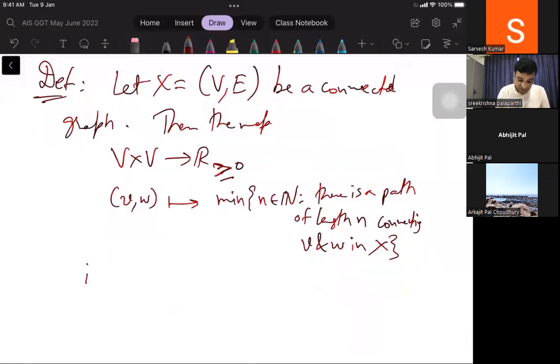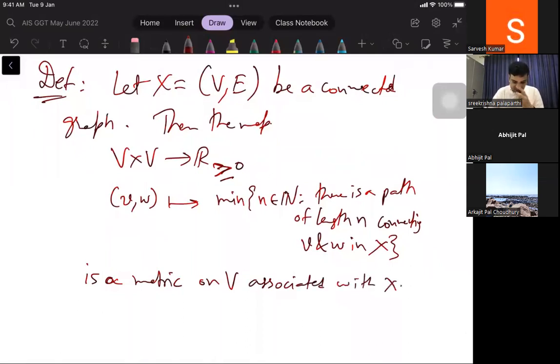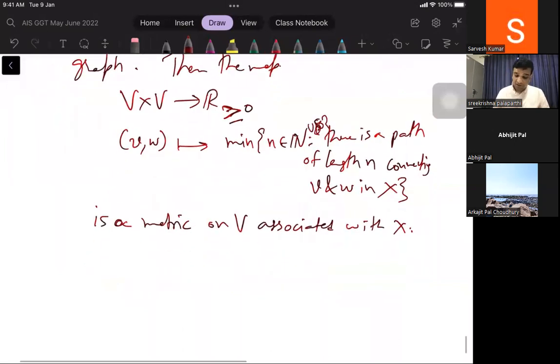So this is a metric associated with X. I will need N union 0, right? Because if I take V and V itself, I need just that point. So then that is a metric on this graph.